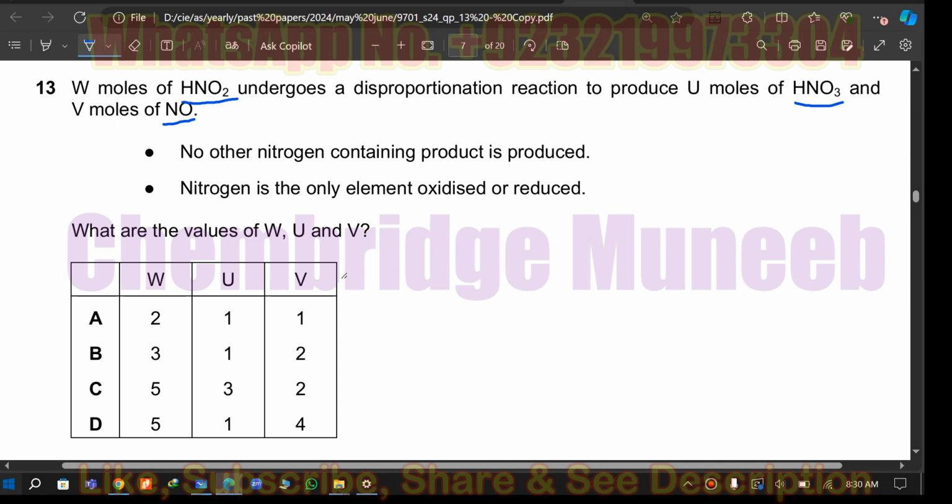Now let's start solving it. We need to first of all construct the equation here. So I'm going to construct the equation.